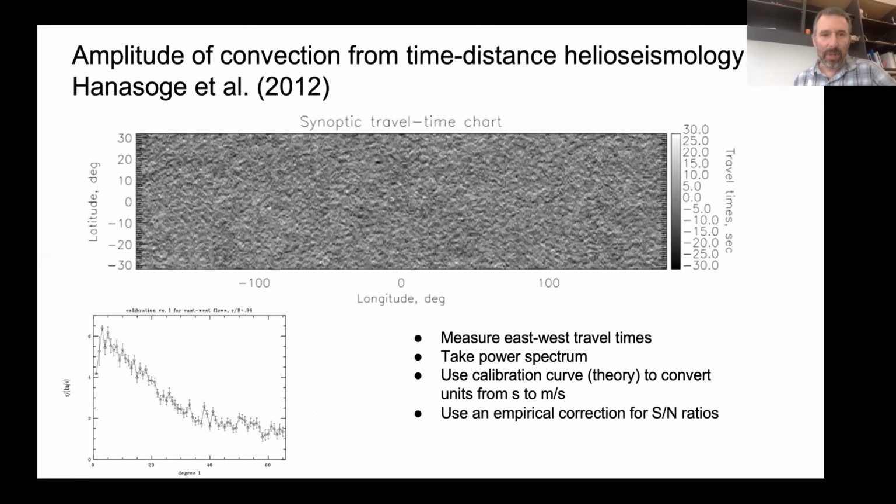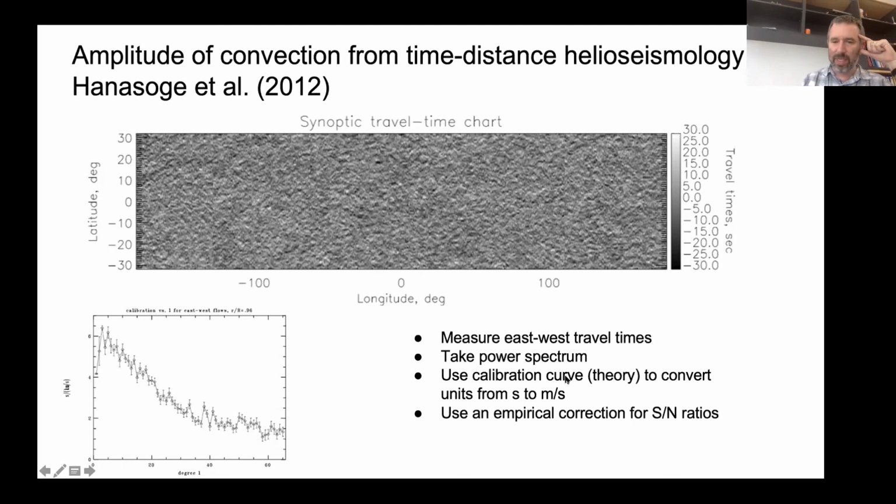You can measure the amplitude of convection from helioseismology. And I wanted to show this one particular example. So this is from the Hanasoge et al. paper. And what they did is they measured east-west travel times. Remember, those are things that are proportional to east-west flows. And then they use some calibration curve that comes out of theory.